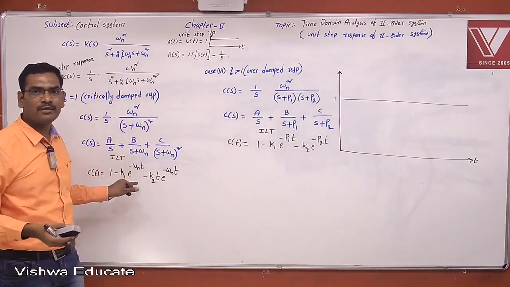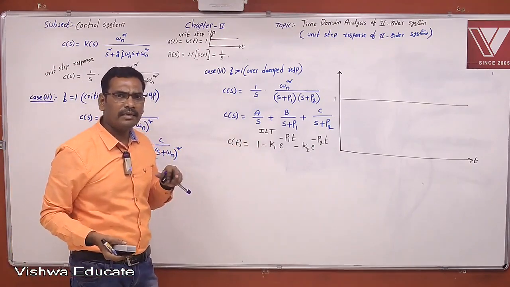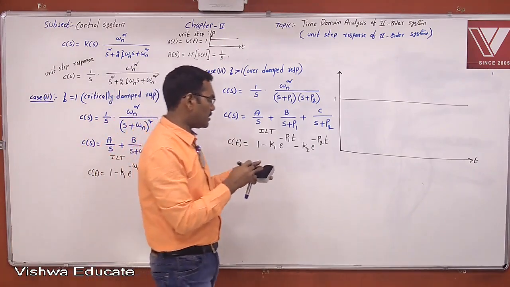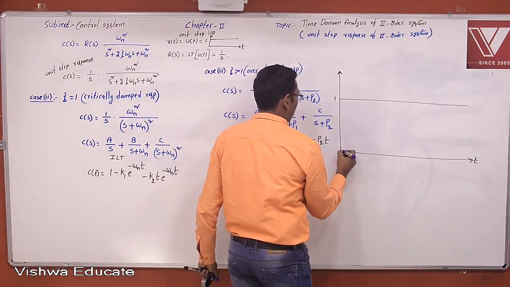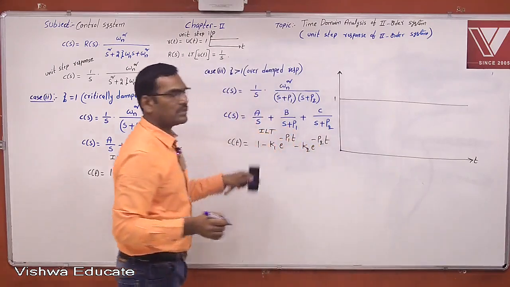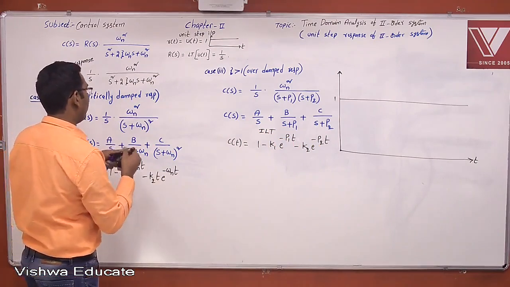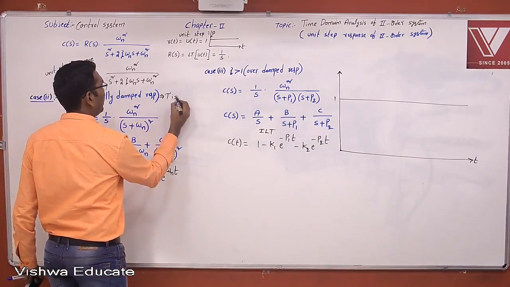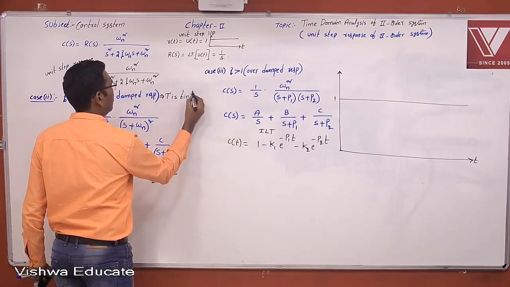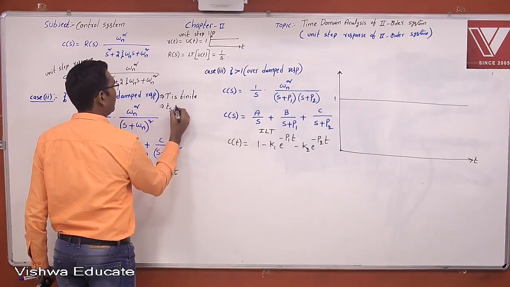All 1 minus exponential decaying responses must start at the rest position. These two responses will reach the final value, because here the time constant is finite, and therefore the settling time is also finite.